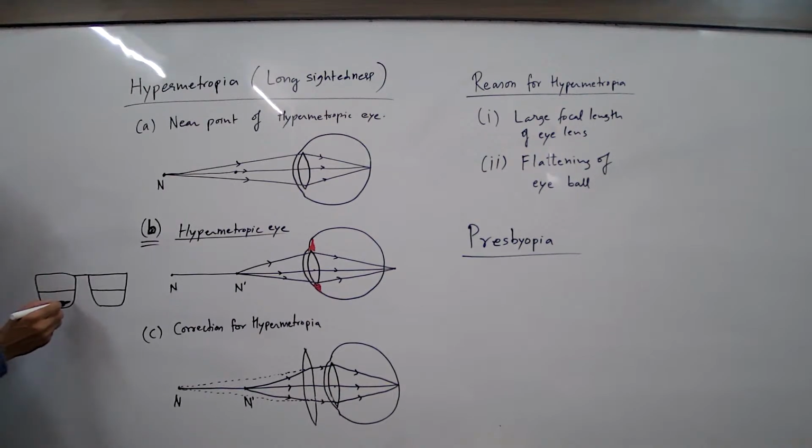Or sometimes instead of a horizontal partition, you could see a round lens. If you have any old person in your house, grandpa, grandma, you can find bifocal lenses somewhere.